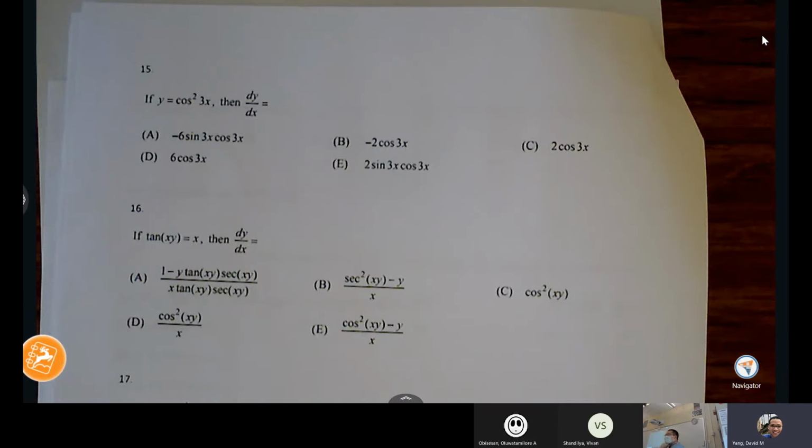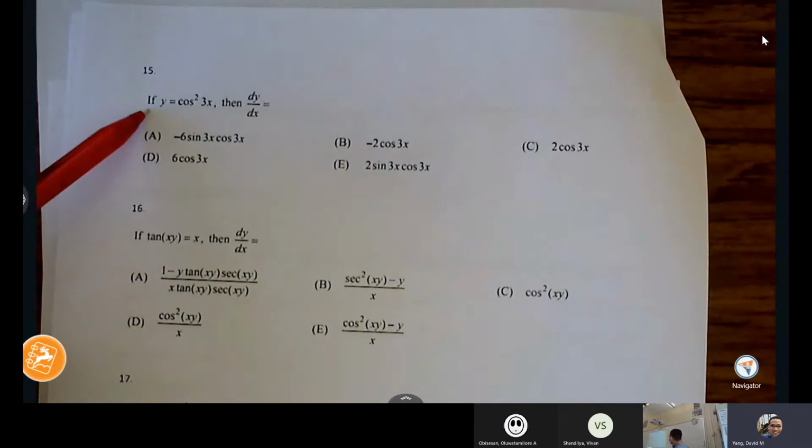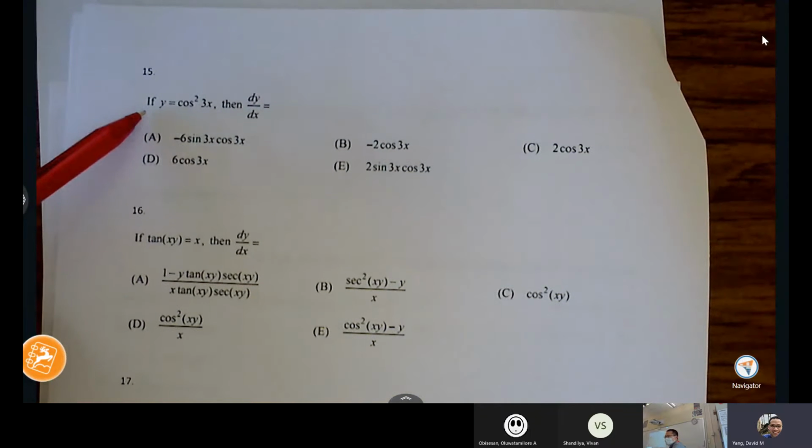Derivative chart. Okay. Yeah, remember the outside, inside, inner part, and then find the derivative.